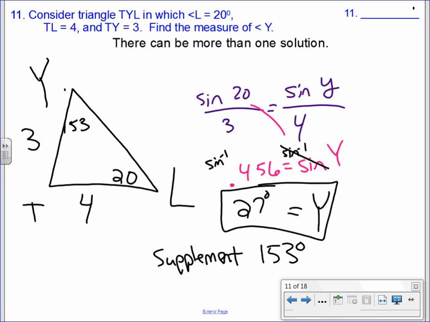So 153 plus 20 would give me 173, and I would still have enough degrees left for angle T. That would make angle T 7 degrees, so it's okay. So to answer this question, when they say find the measure of y, y could be 27 degrees, or y could be 153. So we might have an acute triangle, but we might have an obtuse triangle that would have the given measurements.